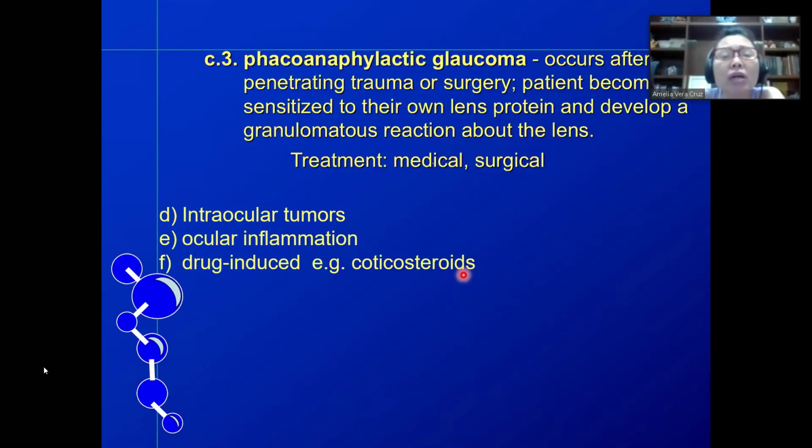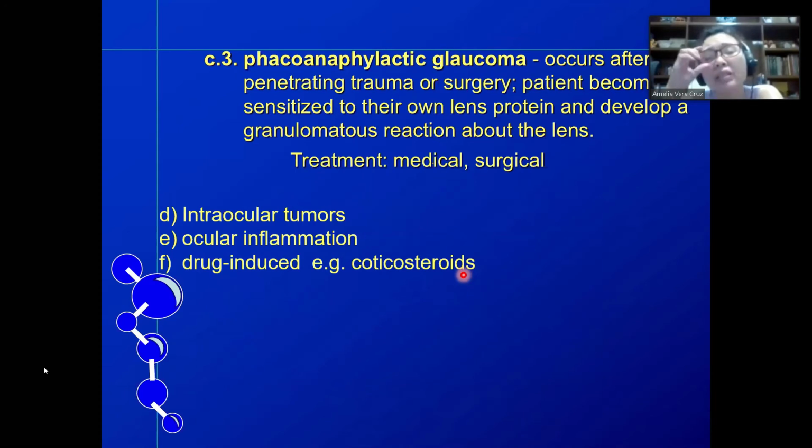Phacoanaphylactic glaucoma occurs after a penetrating trauma or surgery. Patient becomes sensitized to their own lens protein and develop a glaucomatous reaction about the lens. Teka nga pala, your lens is a normal part of your body. Bakit magkokos ng anaphylactic reaction sa mata ang lens mo if this is not foreign?